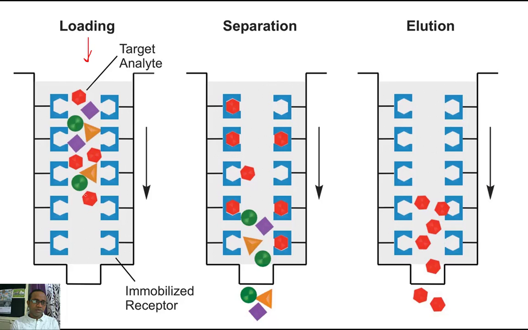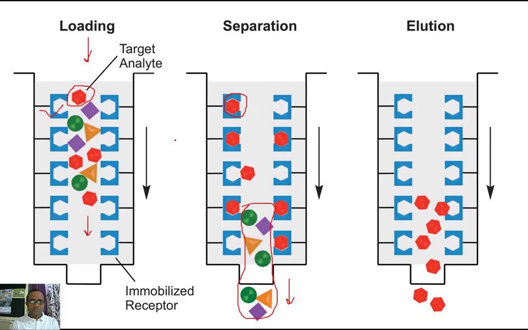So out of this particular mixture of samples, only this particular sample will get bound because it has the specificity with the ligand molecule. Okay? So here this is the sample of interest which is bound to the ligand molecule, and the rest of the unspecific samples, okay, they are eluted out of the column. Okay, after washing. So they cannot bind to the ligand, so they are easily removed from the column first.